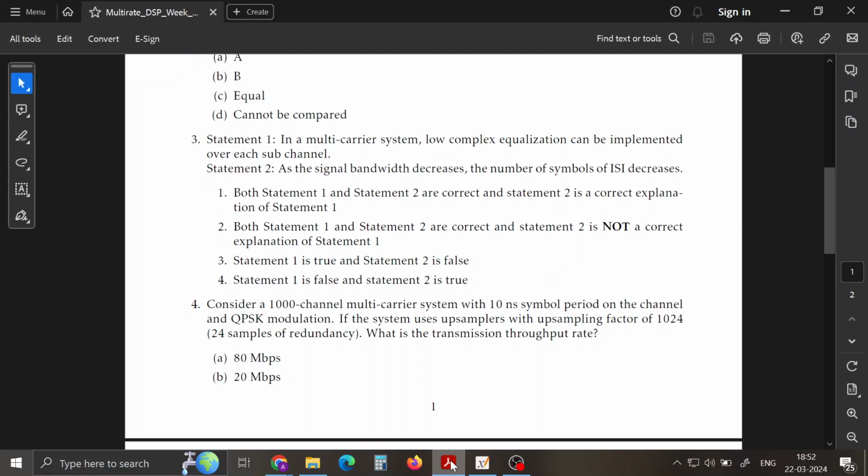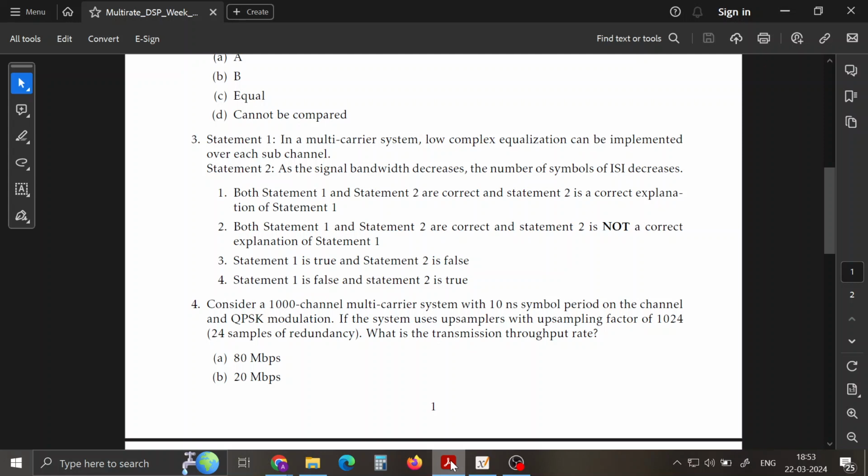Consider a 1000 channel multi-carrier system. We saw the general framework for the M channel transceiver, right? There are M parallel branches, if you recall. So here that M is actually 1000. There are 1000 channels in the multi-carrier system with a 10 nanosecond symbol period on the channel and QPSK modulation.